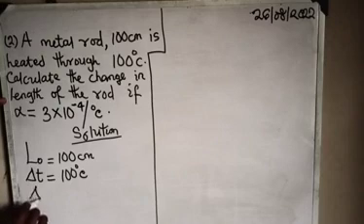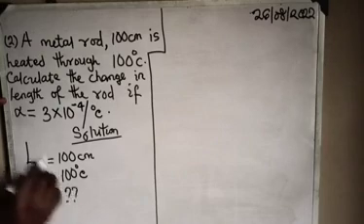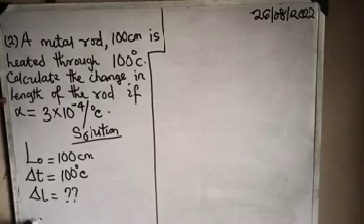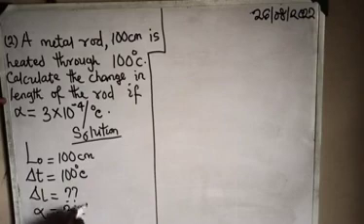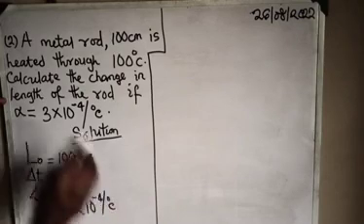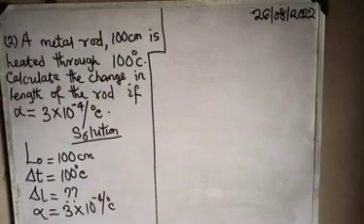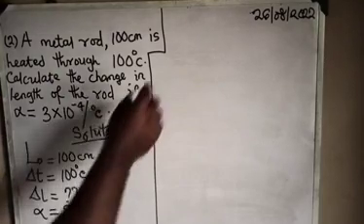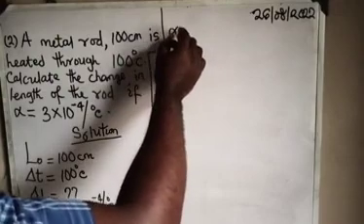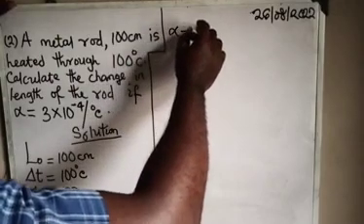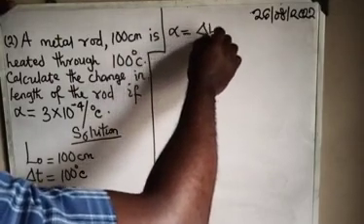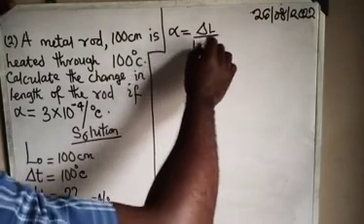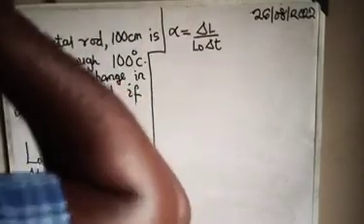That's delta L. We don't know it. And then our alpha is given by 3 times 10 to the power of negative 4 per degree Celsius. Now let's slot it into the formula: alpha is equals to change in L all over L0 times change in temperature.